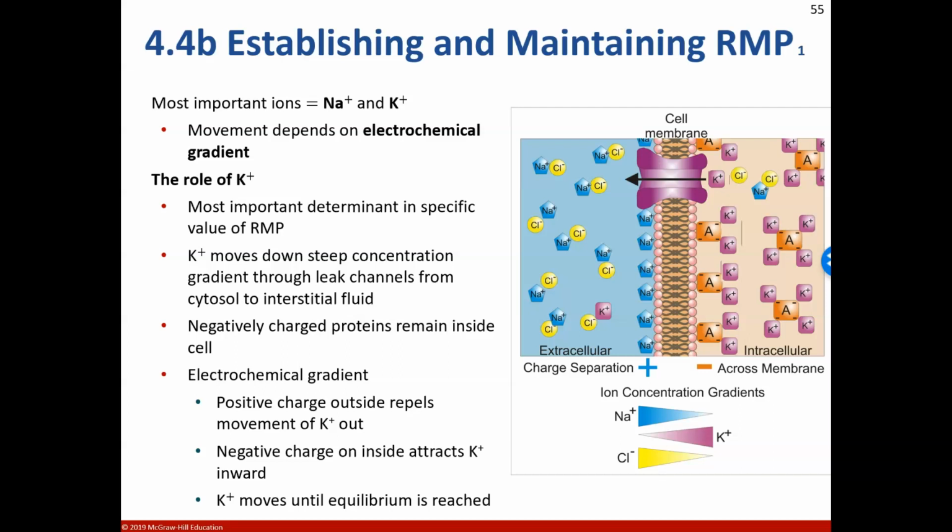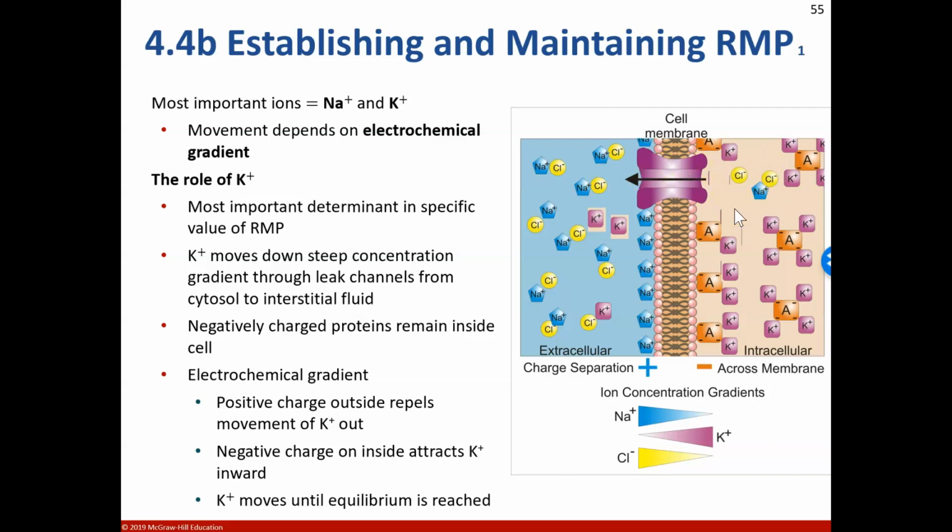Potassium is going to move down its steep concentration gradient through leakage channels from the cytosol to the interstitial fluid. Our negatively charged proteins are going to stay inside our cell though. And the electrochemical gradient is that the positive charge outside is going to repel the movement of these potassium ions out of the cell. So it is going to want to stay in here.